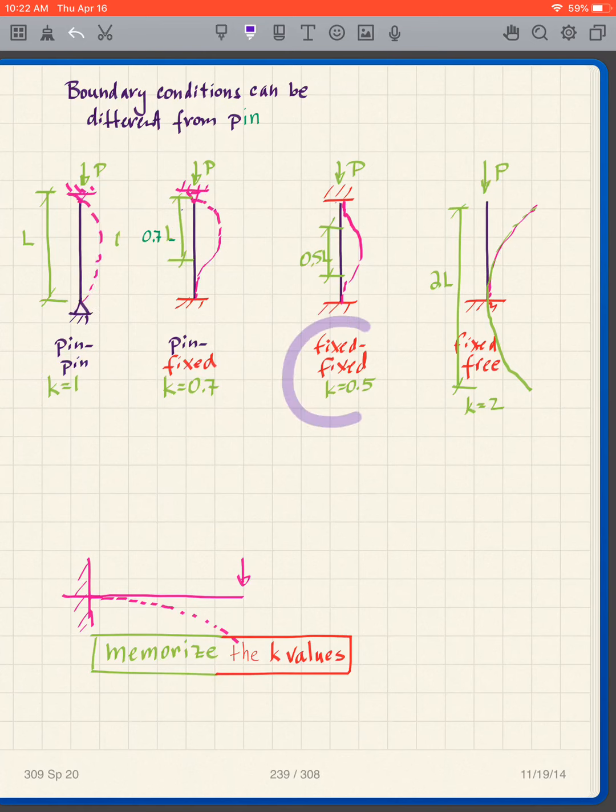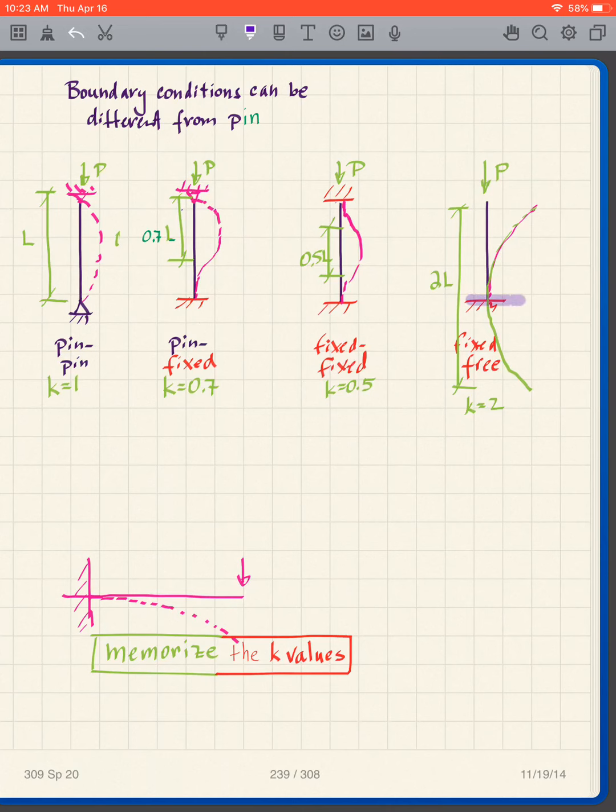If we have a fixed boundary, then it goes straight out there, it goes straight out there, and then the curve begins. So we end up with the sine curve over a distance 0.5 L, and we get a K equal to 0.5. If we have a fixed-free condition, this is our flagpole problem.